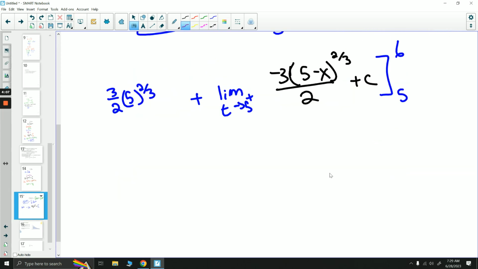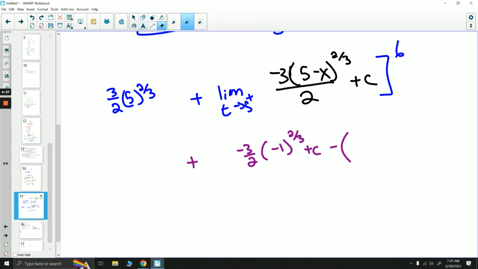Okay, so if we plug in 6, we have negative 3 halves times 6 minus x, which is going to be 5 minus 6, which is going to be negative 1 to the 2/3, which is going to be positive because it's squared first, so that's positive. Plus c minus, if we plug in 5, but we're actually not doing 5. As a reminder, we're doing t, so that's my bad there.